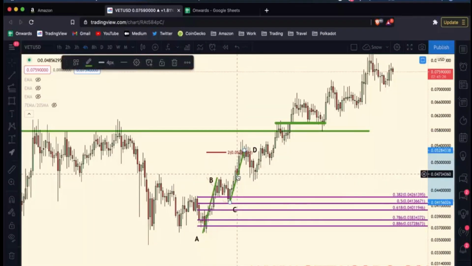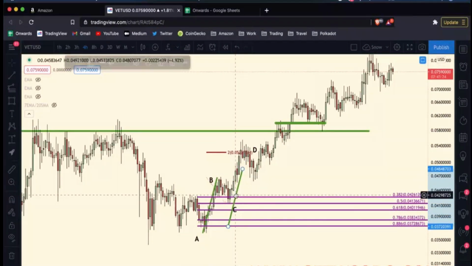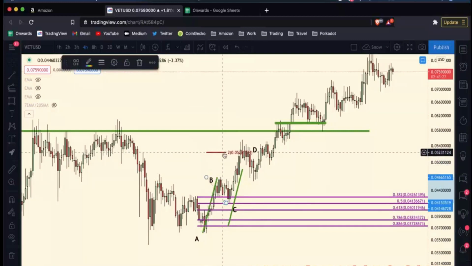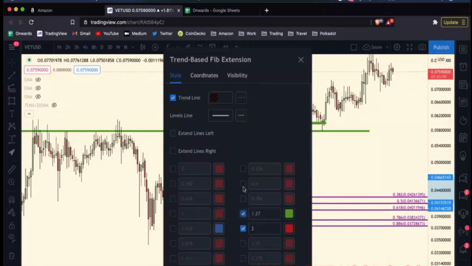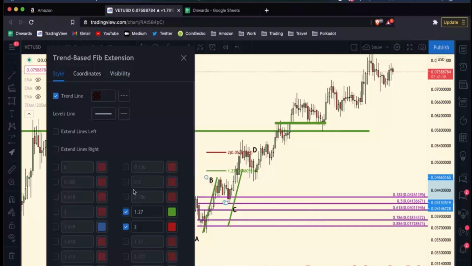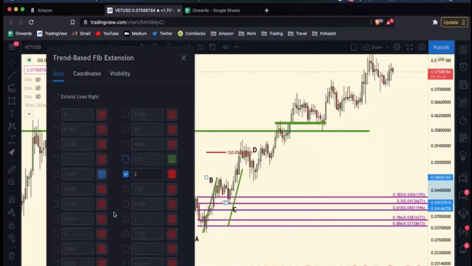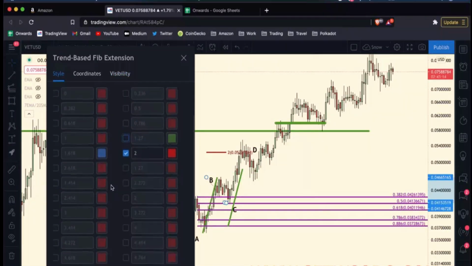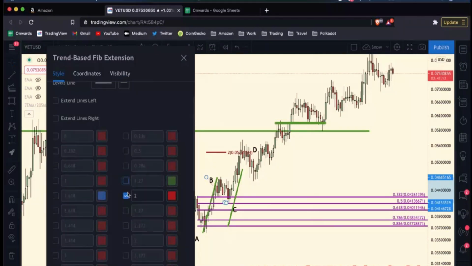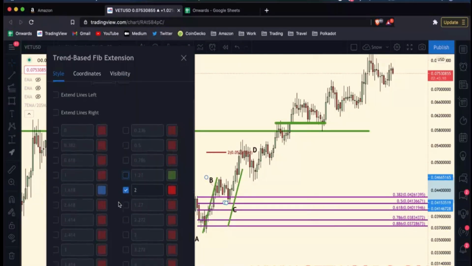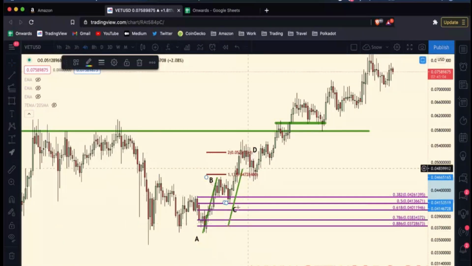If this line here started at an 886, it's the 113, which I don't even have on here because it's a very infrequently used fib ratio, but I will throw it on here for you guys. 1.13, and you can see we complete there.